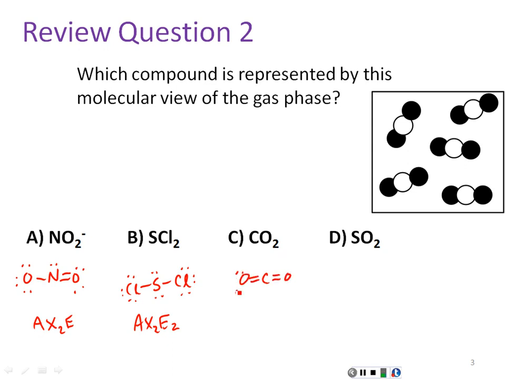CO2 is actually linear, AX2, which matches our picture. Just for completeness, we'll look at SO2. And SO2 has a structure like this. Again, it's an AX2E. So trigonal planar electron geometry, which would lead to a bent molecular geometry.